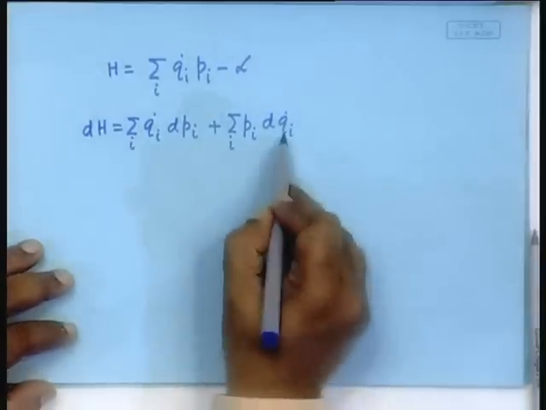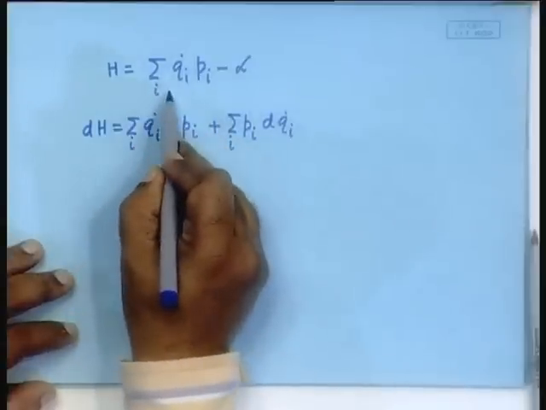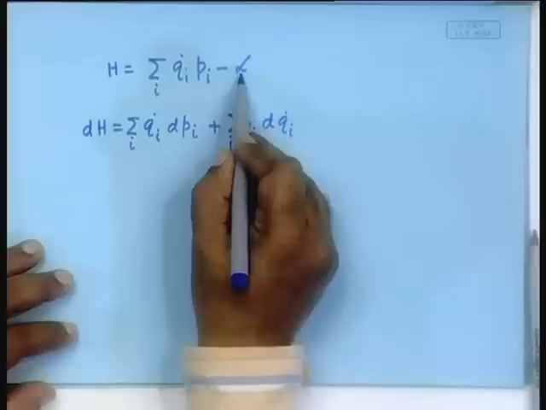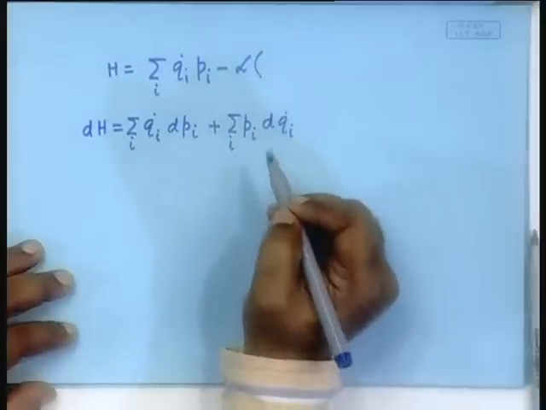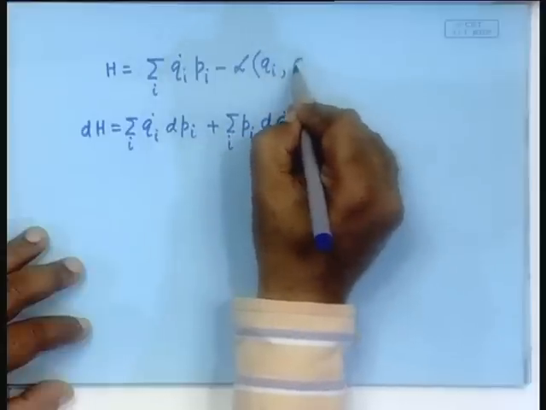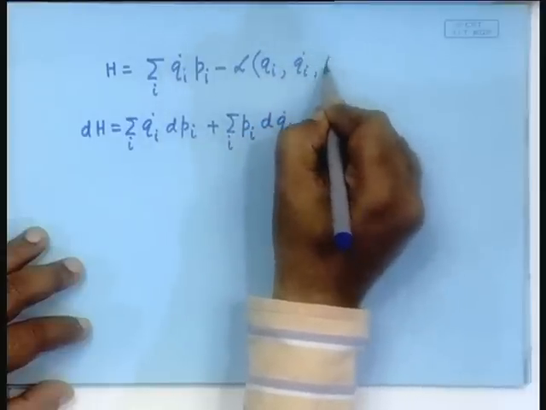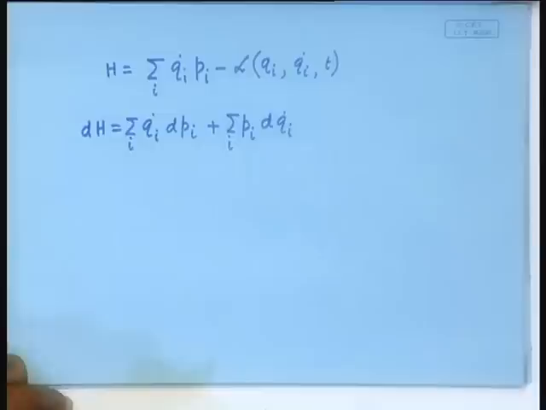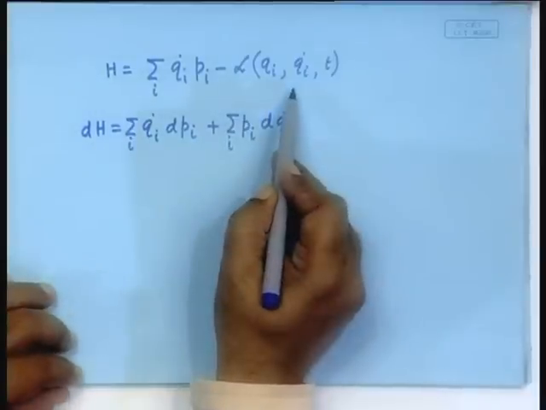These two yield the derivative of here, and now this Lagrangian we know is a function of q I dot and time. We have already seen that.